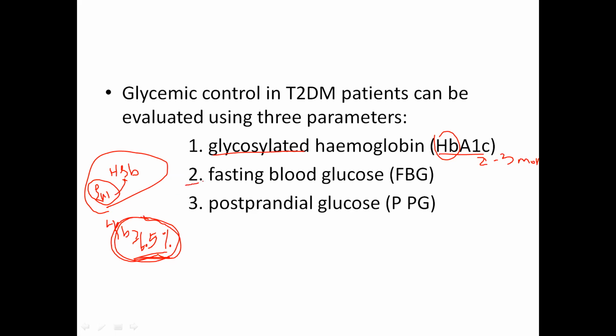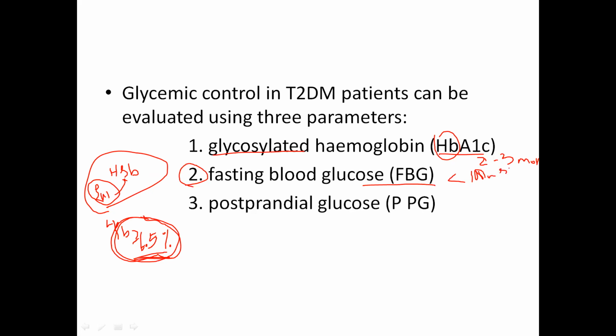The other is the fasting blood sugar level. Fasting blood sugar means the patient has fasted for at least 8 hours. He or she doesn't take any meal for 8 hours, and then you measure. For the fasting level, the normal range is below 100 milligram per deciliter.